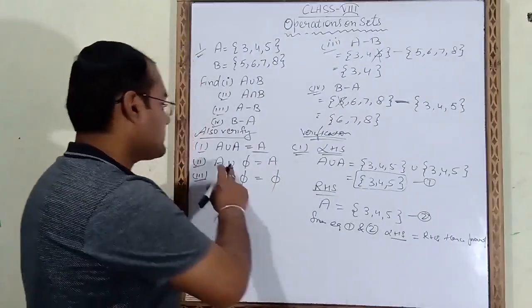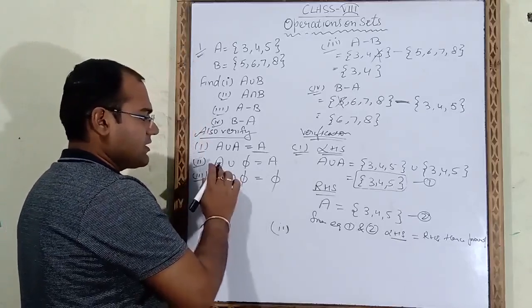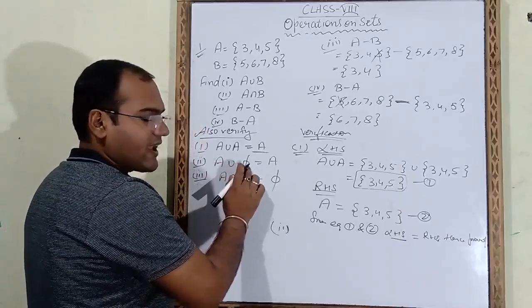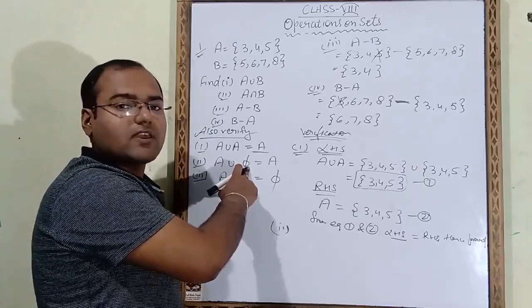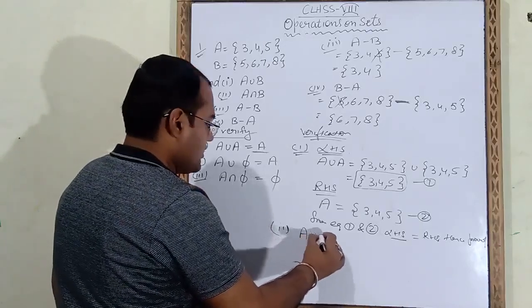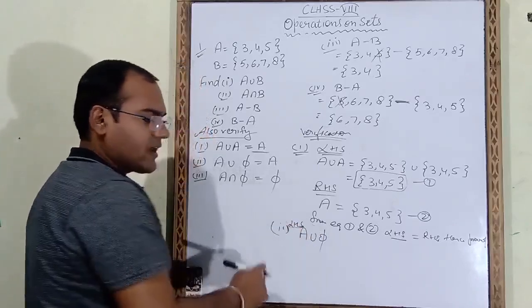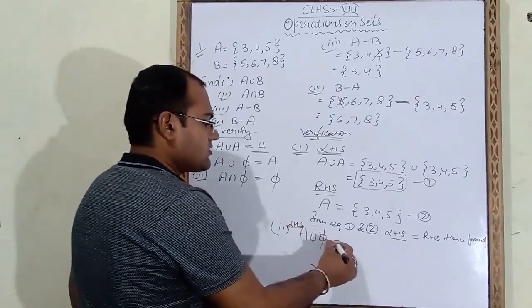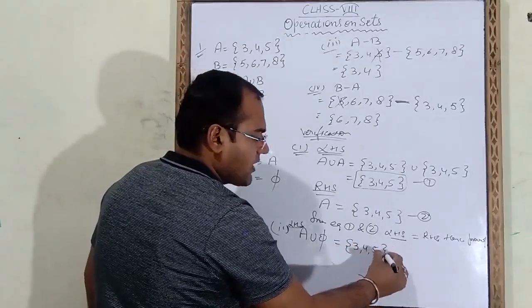Now the next part is the second part of verification. A union phi. Phi means null set. This is null, or we can say it is an empty set. So A union phi, what is this? This is left hand side. So what are the elements of A? 3, 4 and 5.